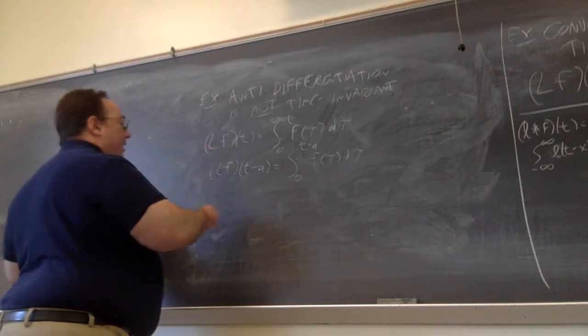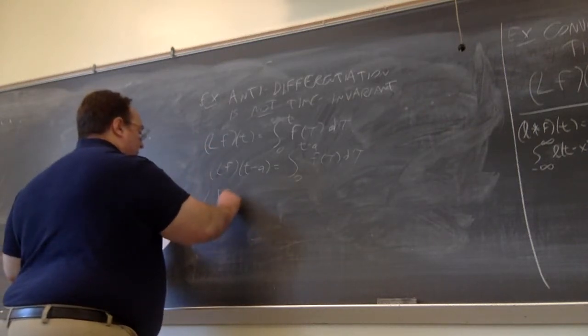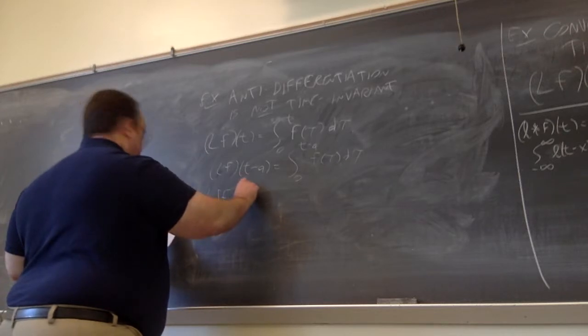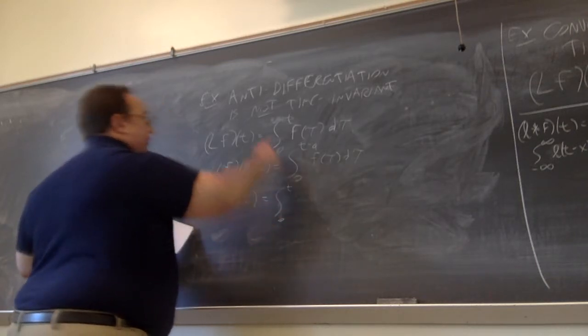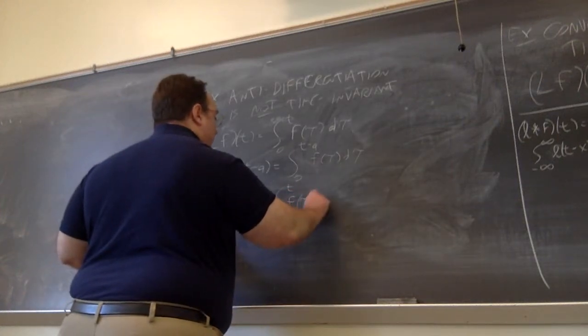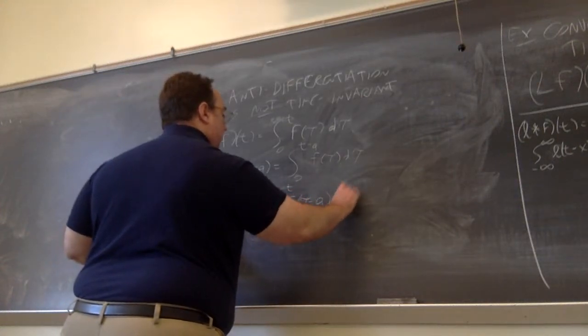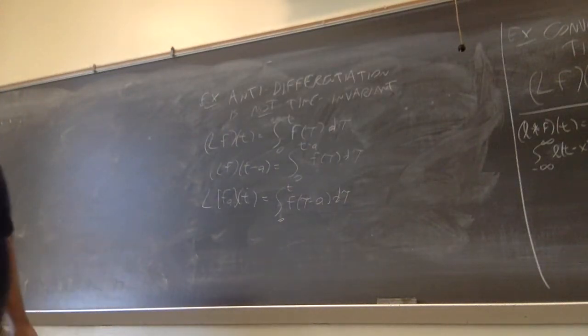Now, if I go the other way, shift then filter, what that would mean is the integral from 0 to t, and for f of tau, I fill in f of tau minus a. So what I do is, again, I use substitution.